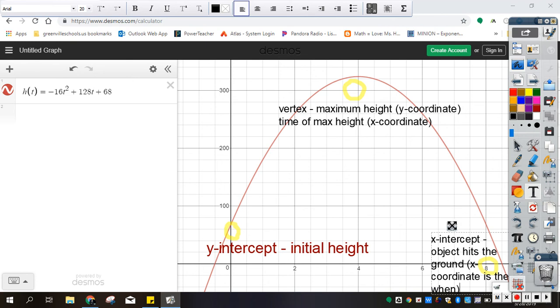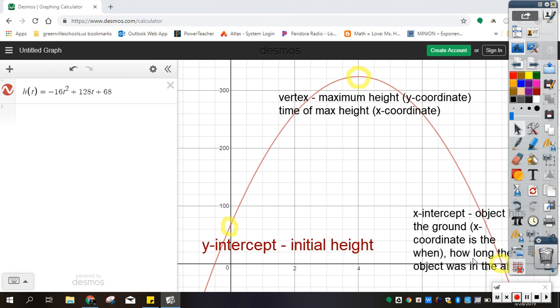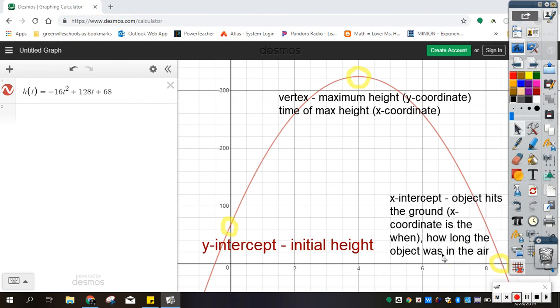So keep in mind, your y-coordinate is your height, and if it's 0, that means it's at the ground. Another way you could think about the x-coordinate is how long the object was in the air, because if it hits the ground, that means it's no longer in the air, and the x value would represent the time it took for it to hit the ground as well.